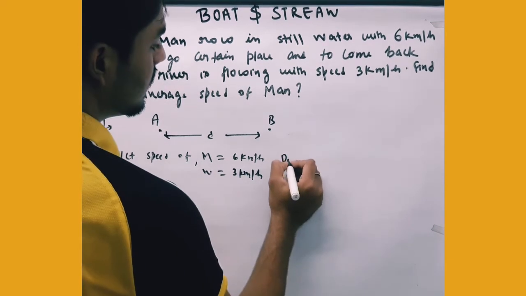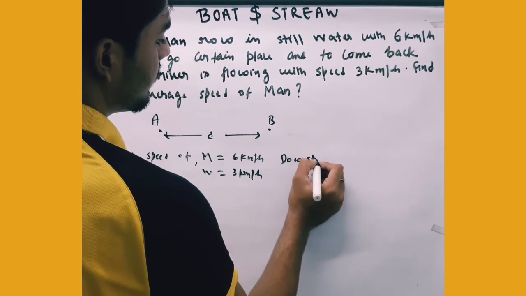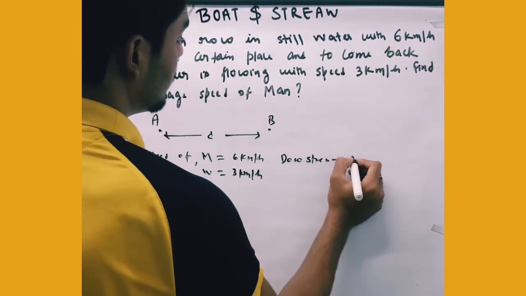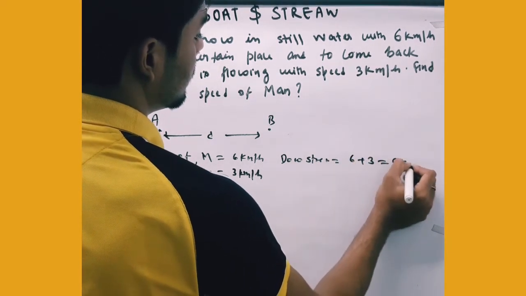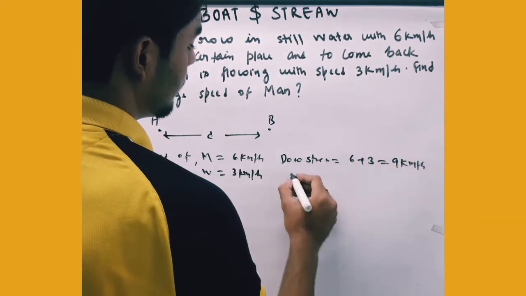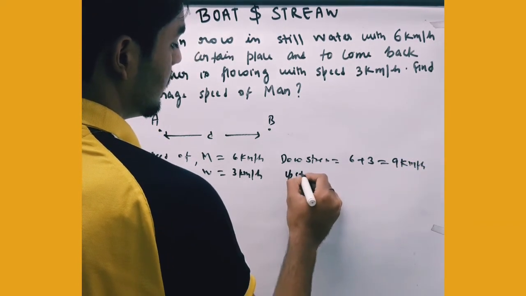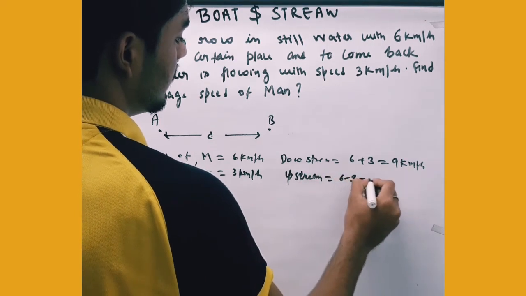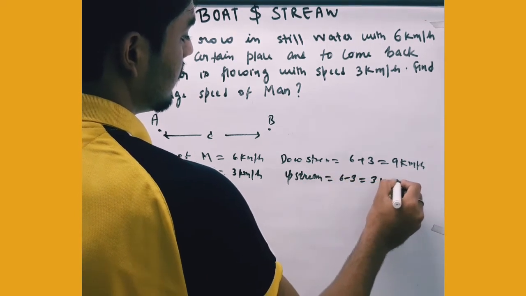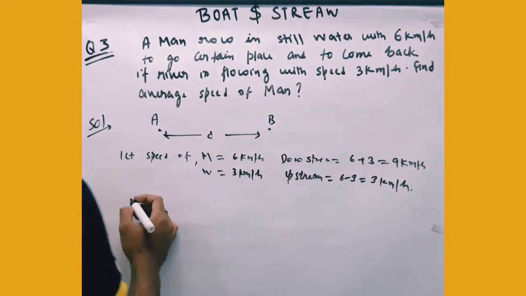So downstream speed is equal to 6 plus 3, which is equal to 9 km per hour, and upstream is equal to 6 minus 3, which is 3 km per hour.